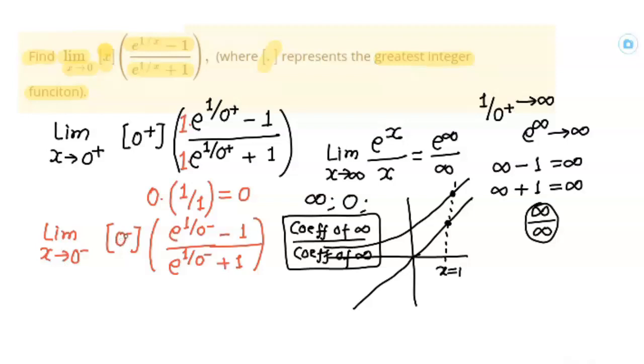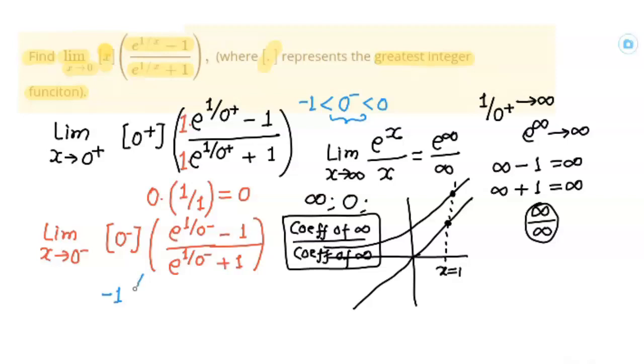See, 0 minus is a little less than 0. It means that 0 minus is less than 0 and greater than minus 1. So the greatest integer of this number will be -1. So this will become -1.